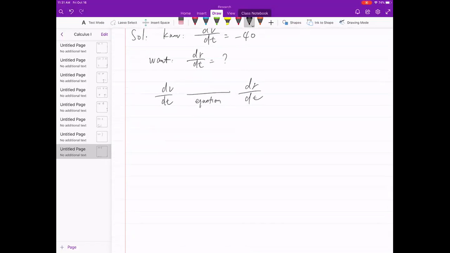Then instead, can you ask yourself, if I don't know the relation between dV over dt and dr over dt, do I at least know the relation between V and r? Not the rates, but just volume and radius, assuming it's a sphere. Do I know that? The answer is yes.